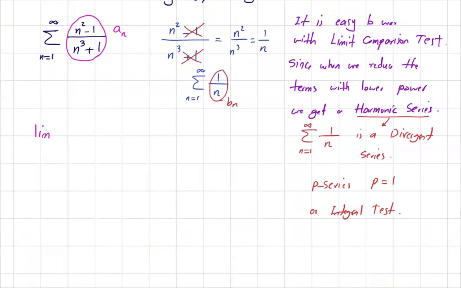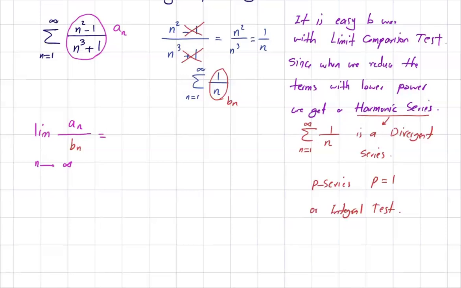The limit of a_n divided by b_n as n goes to infinity, which in turn can be written as the limit of n squared minus 1 divided by n cubed plus 1, divided by 1 over n, as n goes to infinity.